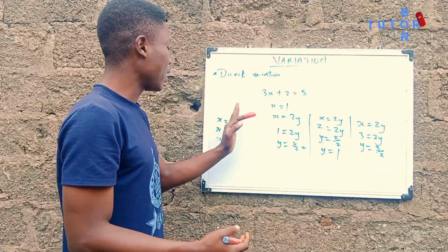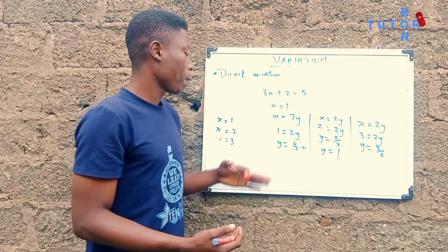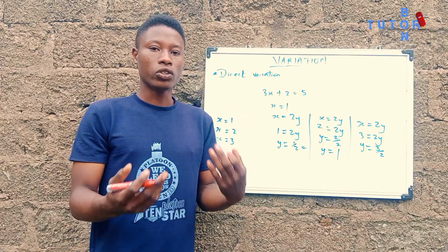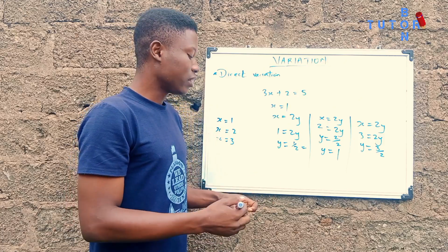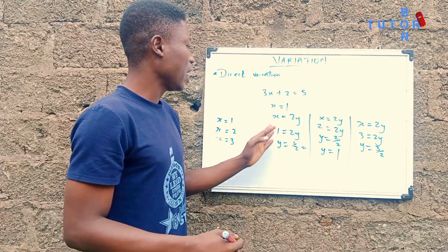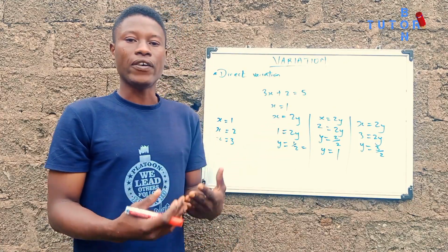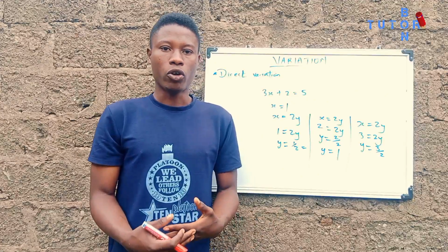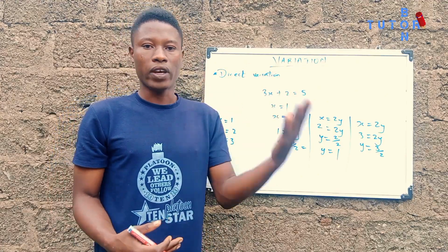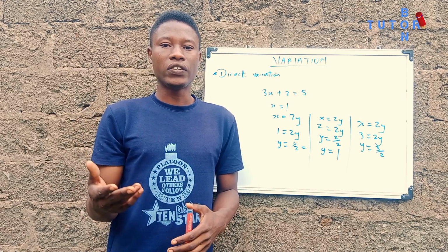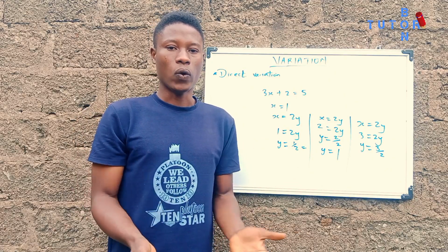That is, as the value of x is increasing, the value of y is also increasing. In this type of situation, we say x varies directly as y, because an increase in the value of x also affects an increase in the value of y.